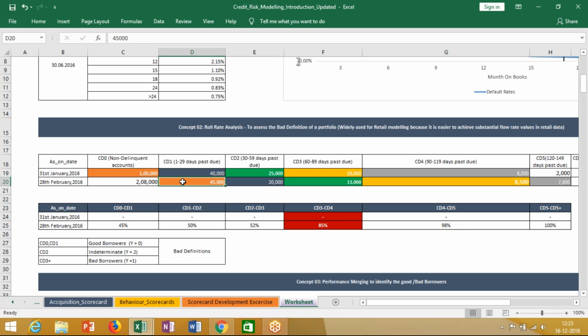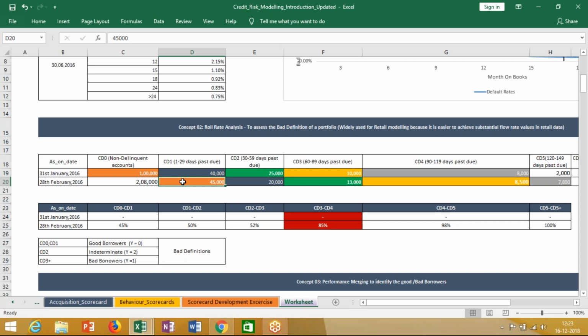There is a 50-50 chance. So CD3 is not a bad definition, it's an indeterminate definition. Balances in CD1 or CD2 can flow to higher buckets or may roll back, with nearly a 50-50 chance. Hence, this cannot be a bad definition.